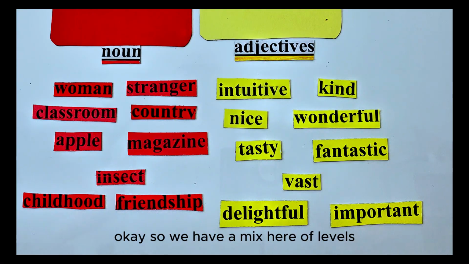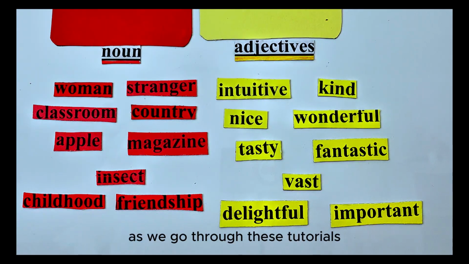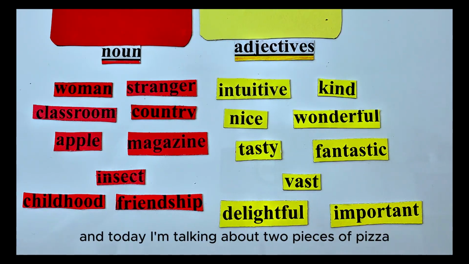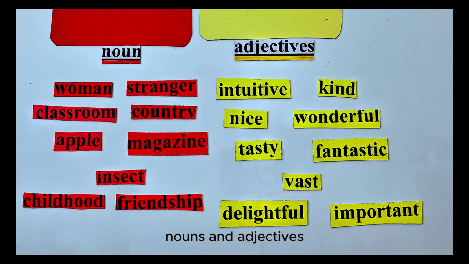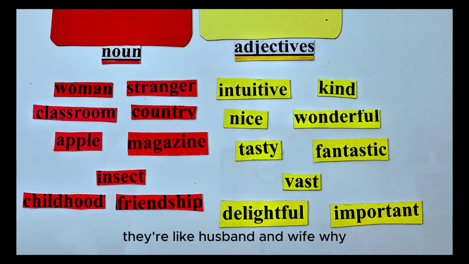Okay, so we have a mix of levels, and that will happen a lot as we go through these tutorials. So remember the pizza, and today I'm talking about 2 pieces of pizza, nouns and adjectives. I want you to be thinking that they're married. They're like husband and wife. Why?